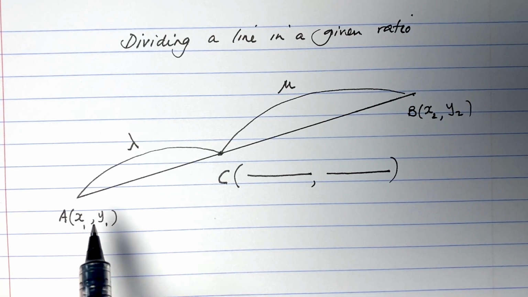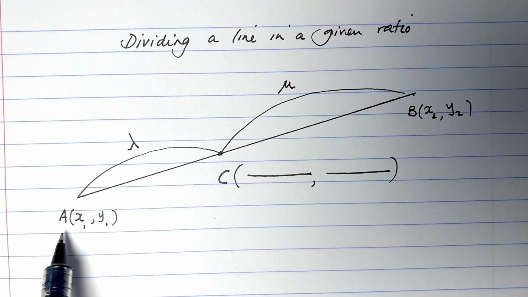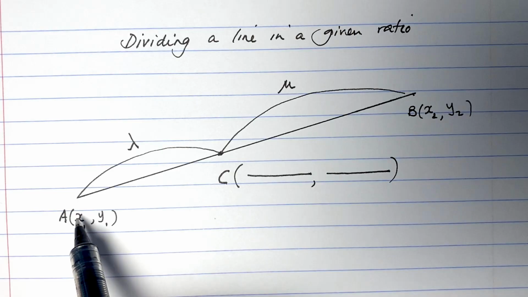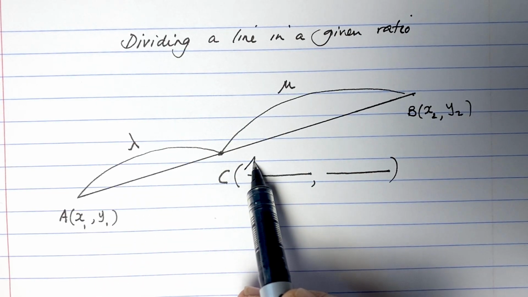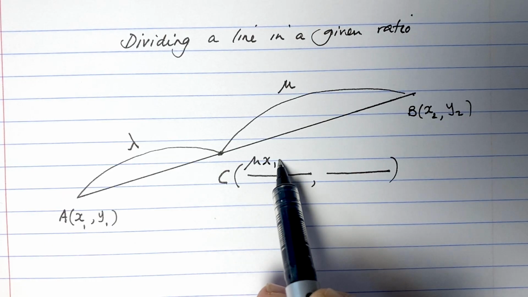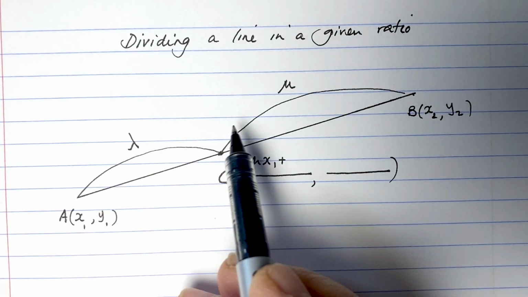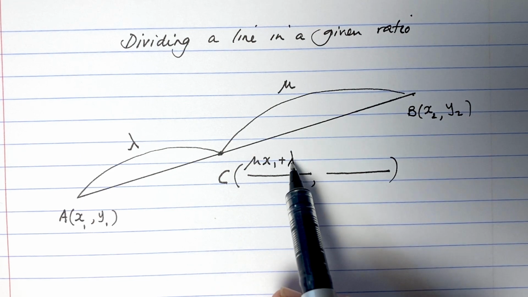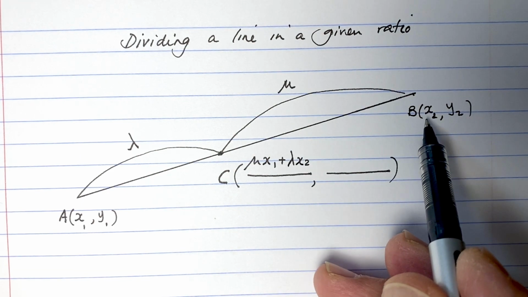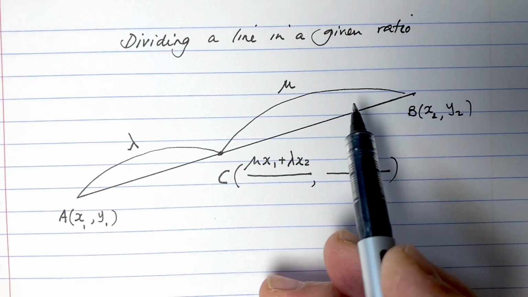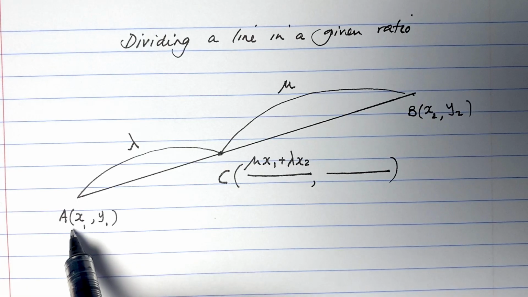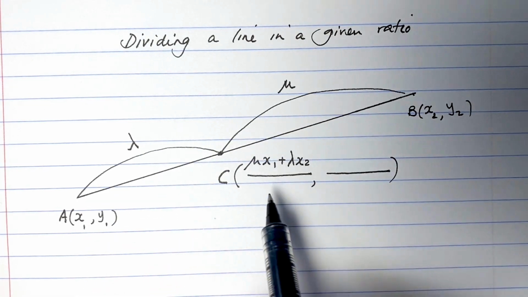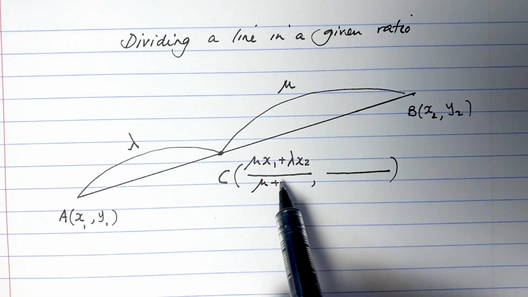And the method is very simple. We are using x1 multiplied by mu, not the letter next to it, the letter away from it. So we have mu x1 plus lambda x2. See, the coordinates of B multiplied by the letter which is away from it, divided by mu plus lambda.